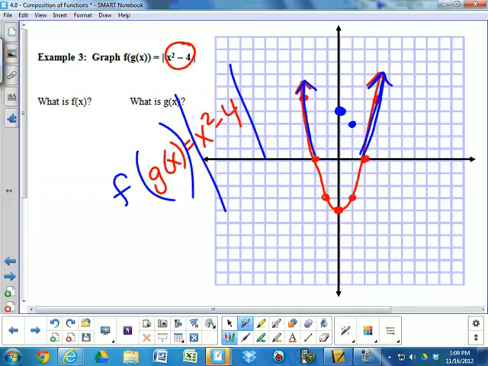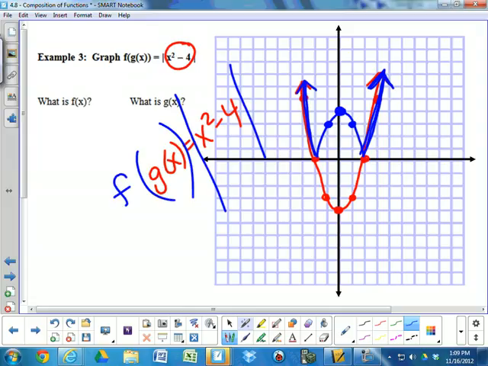This point down here was at -1, -3. The absolute value forces it up there. So what happens is the graph stays normal, reflects, and then is normal again. That's the graph of the absolute value of x squared minus 4.